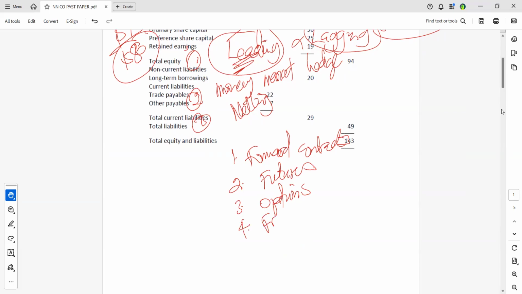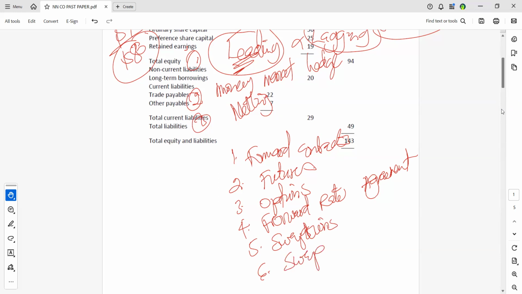The examiner tends to bring these things and students are all the time worried. Forward rate agreement. So I'm listing all of them for you. Then we have swaptions. Swaptions. That is swaps on options. Then we have the swap itself.